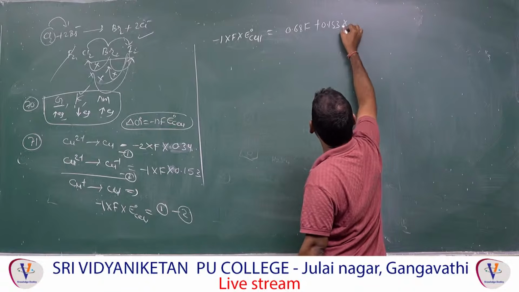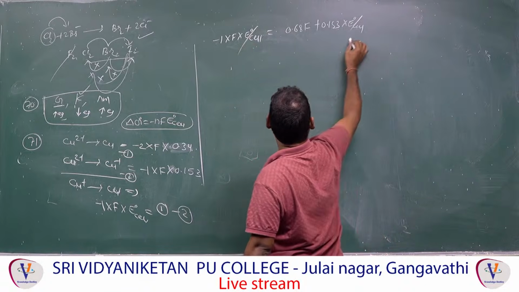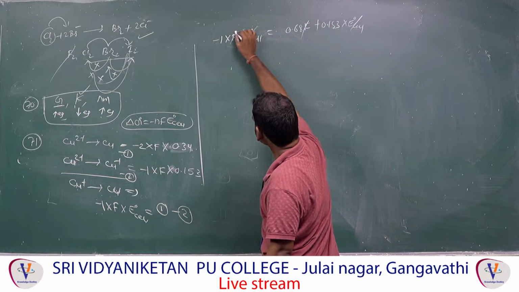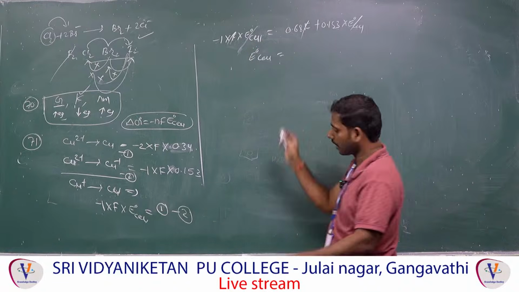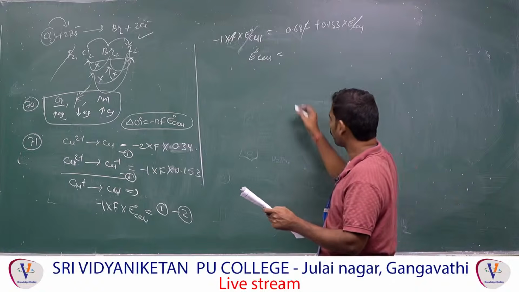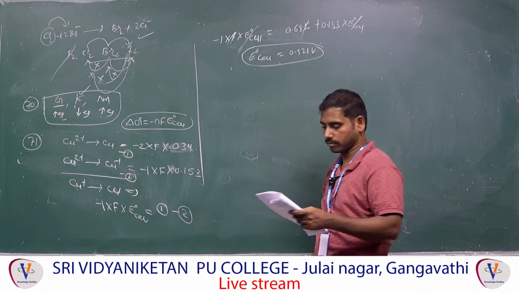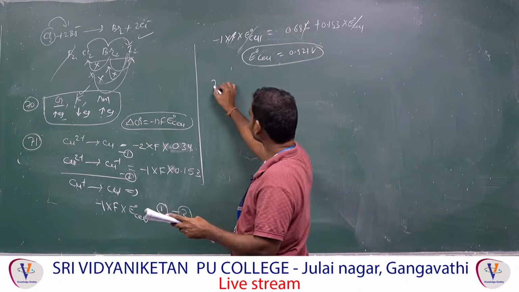Then E naught cell gets cancelled, F also gets cancelled, and E naught cell will be there. Do the calculation, you will get the answer 0.521 volts.